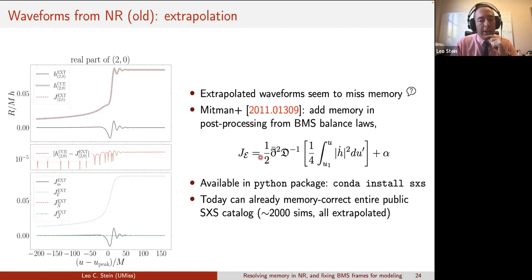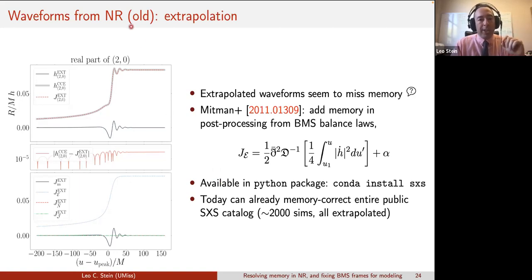But you can write them in a way to say what the memory should be. This should be nonlinearly consistent, but then we're not doing any sort of consistent thing. We're basically just adding in this thing. If you're saying nonlinearities are small, let me take the part of the strain that I did get out from this extrapolation procedure and then reprocess it in a way to add back in the memory that should have been there. Again, it's not some self-consistent thing, but it's a good approximation that seems to have worked.